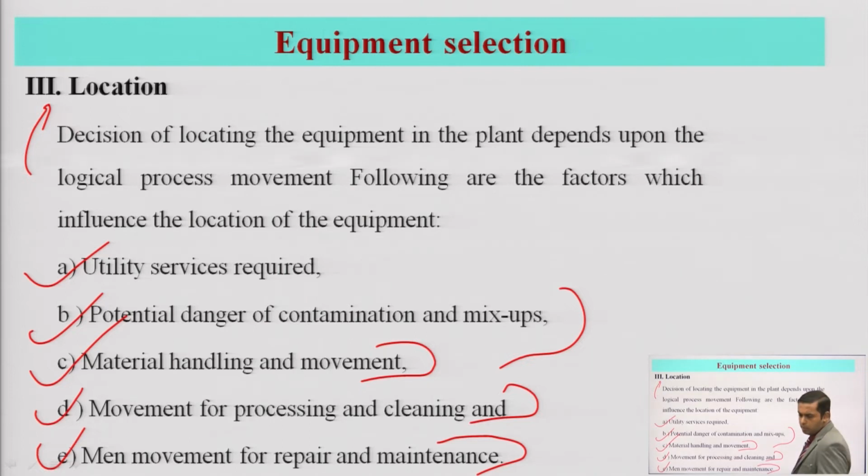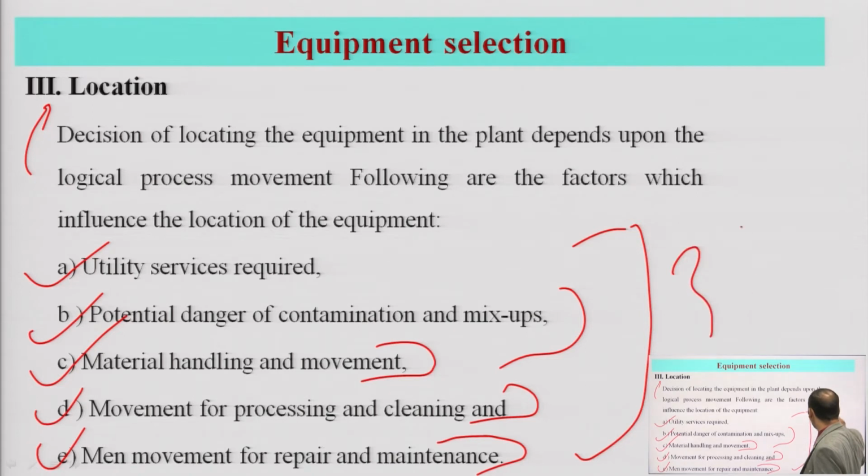These are very valid points you have to take care of while finalizing the location of the equipment. If you put your equipment in an area where these questions are not fulfilled, then it will create a big problem in your activities.